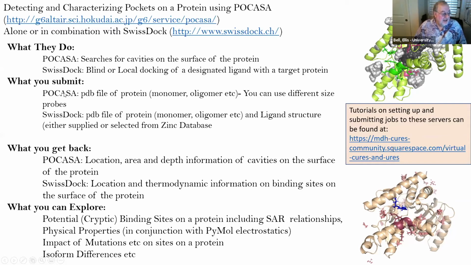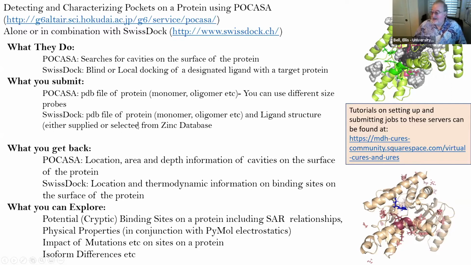Again, what do you submit? You submit the PDB file for POCASA. For SwissDock, you have to submit a PDB file of both the protein, either of these can be monomeric or oligomeric or whatever you like, and the ligand structure PDB file. You can often find that in what's called the ZINC database of small molecule ligands, or you can upload it.